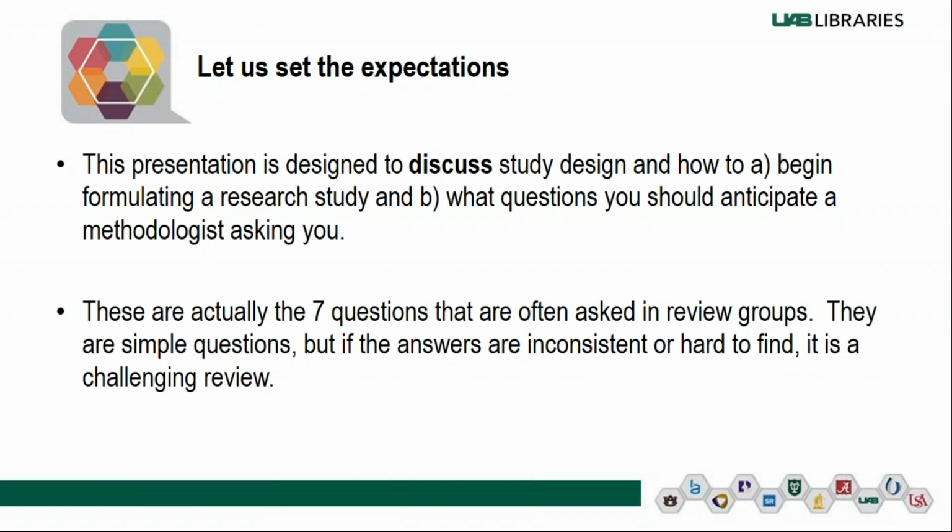There are actually 7 questions that are often asked in review groups. They're simple questions, but if the answers are inconsistent, if I'm reviewing the grant and I see inconsistencies, do you know what I think? Keep in mind, these questions apply to every level of design, including a proposal for a pilot.